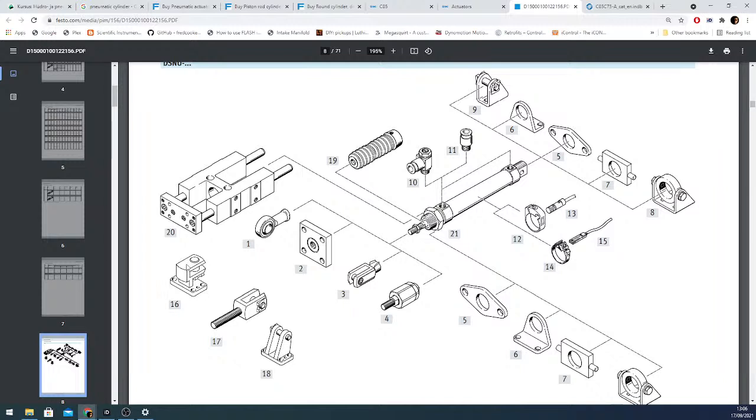So for example, we have some options of using those connection elements here that can be mounted directly to some object we are trying to move. Do we need guide rails, for example? We can use guide rails.